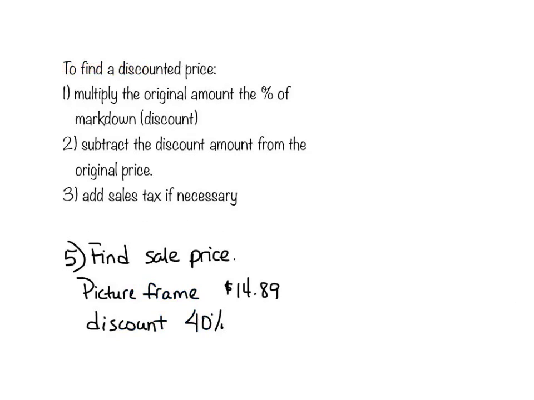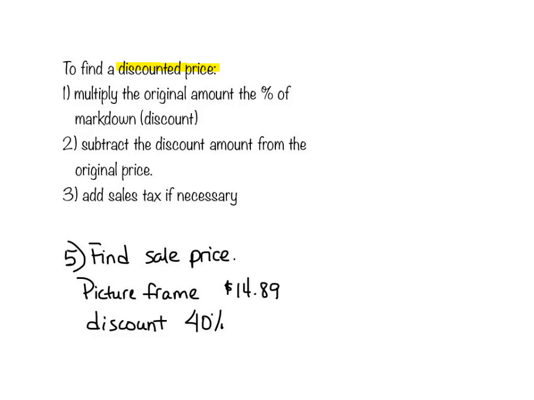We'll also be finding discounted prices. In order to find a discounted price, here are your steps. Number 1, you're going to multiply the original amount by the percent of the discount or the markdown.